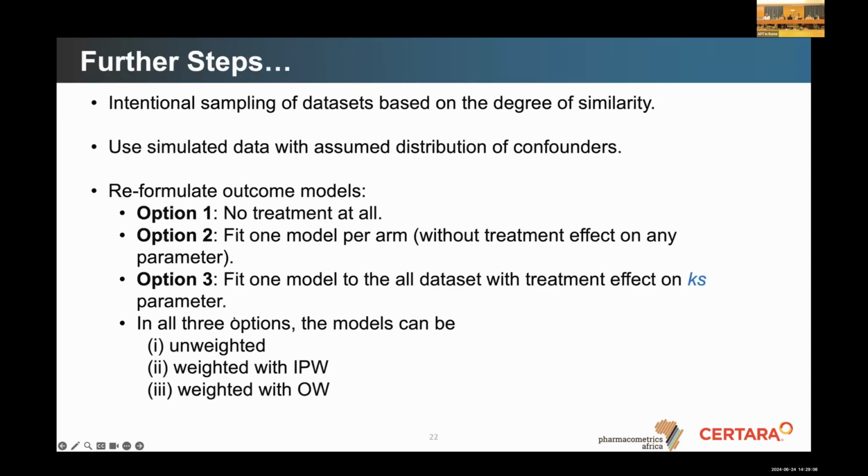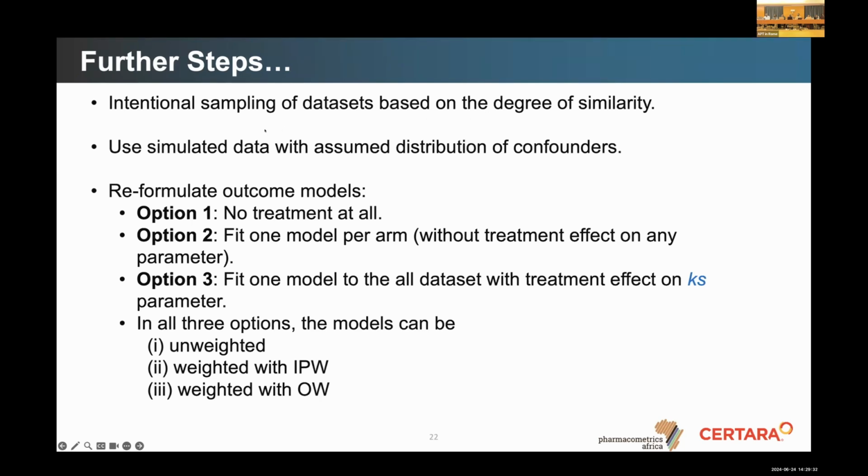As next steps, there are two ways of generating samples that we are trying to explore now. One is to undertake some kind of intentional sampling of the data set we have, based on the degree of similarity in the data sets across the two arms. Marothi has talked about the Goa distance, and we think this could have a role to play there.